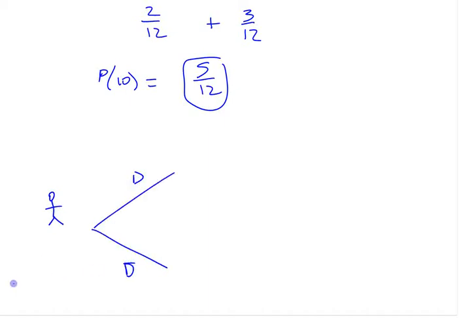Some kind of unnamed disease. Then they say, I don't know if I have this disease, I need to take a test. So the test is either positive or negative, in either case.